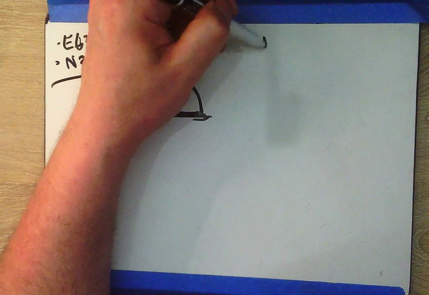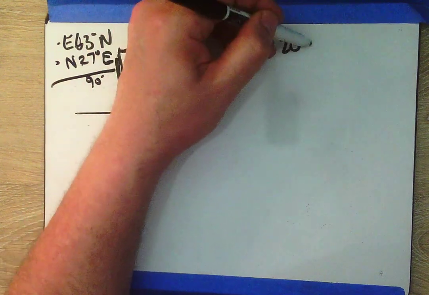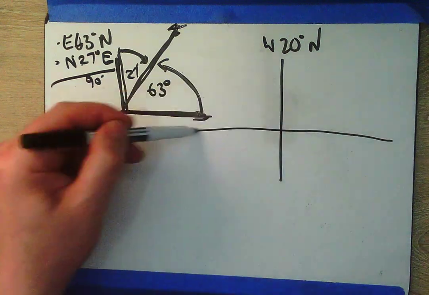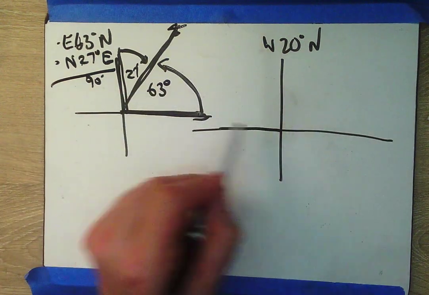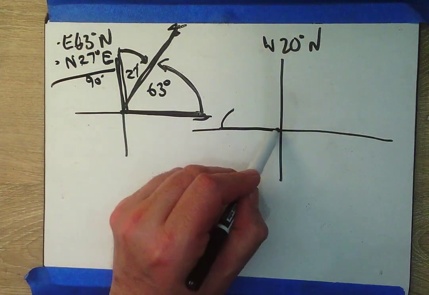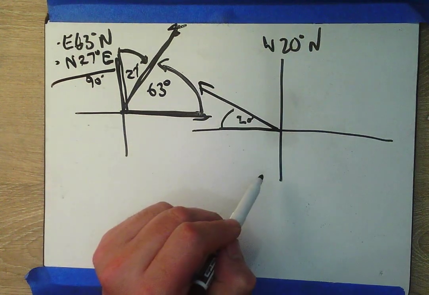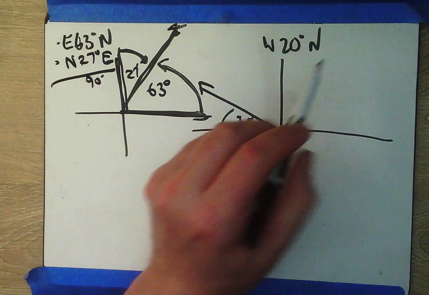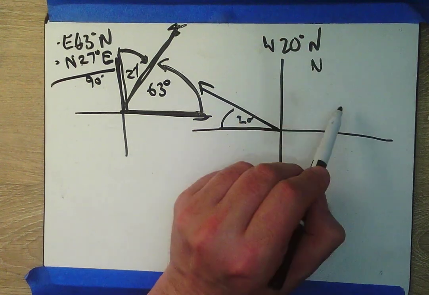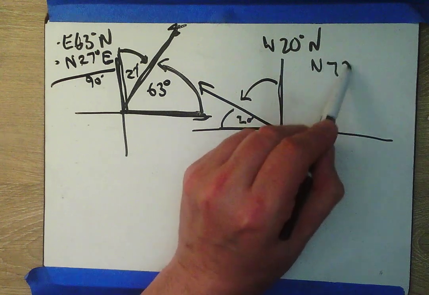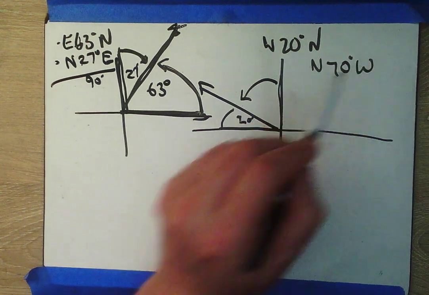So how about west 20 north? West 20 north. So if I head west and then I veer 20 degrees to the north, my path looks like that. This is the same as if I had headed north and then gone 70 degrees to the west.